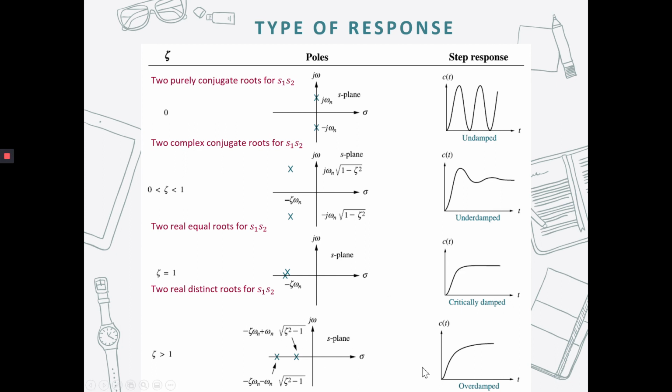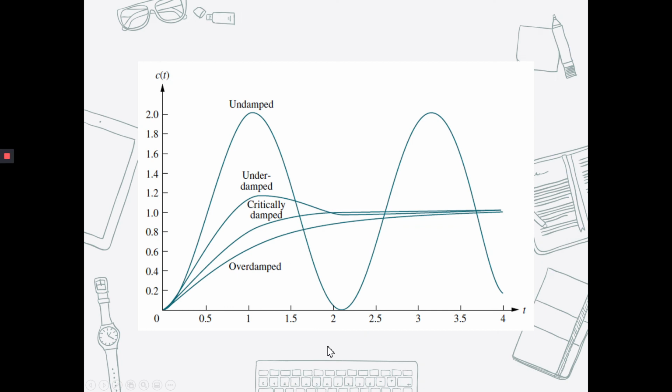The fourth one is the overdamped response, which has two real distinct roots on the left side. The natural response is without overshoot, almost similar to critically damped, but critically damped is faster than overdamped. The step responses for the four cases of damping discussed in this section are superimposed in this figure.